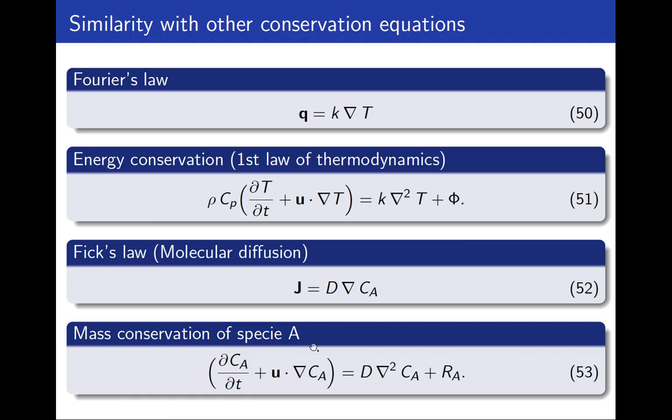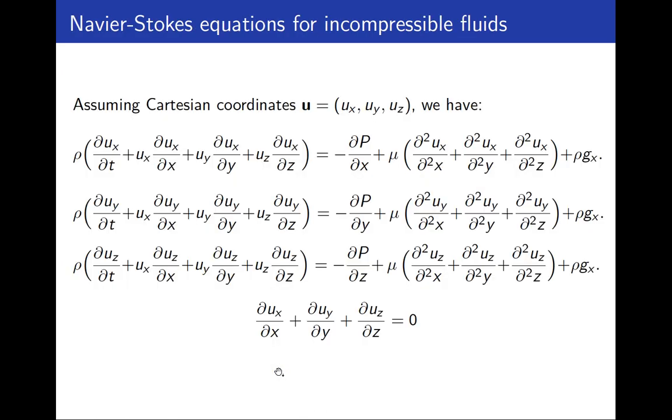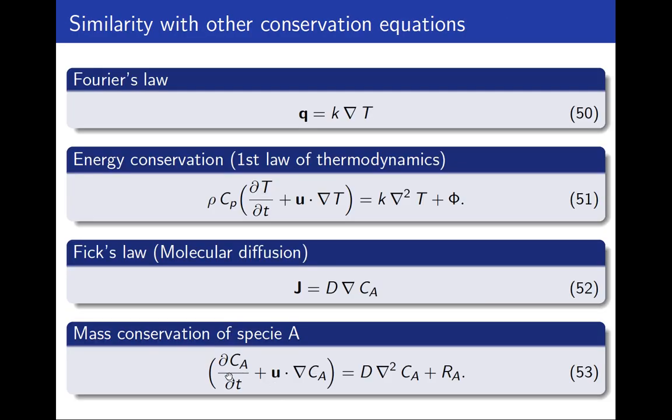So that's molecular diffusion. And then the mass conservation is given by this equation, which you can notice is also very similar to this equation. So we have a temporal variation of the concentration of the species A plus some convection, that means the transport of the species A due to the fluid movement, which is going to be equal to the transport by diffusion of the species A, and then you add some source term, which can be a chemical reaction.